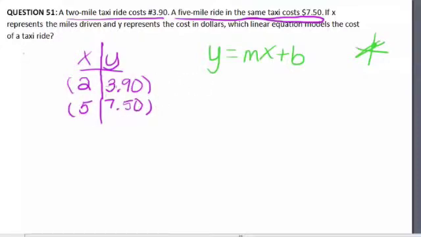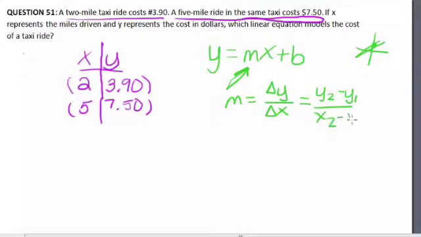Now, what can we solve for really easily with these 2 sets of points? You guessed it, slope. Some people like to think of it as delta y, or change in y, over delta x. Some people like to think of it as y2 minus y1 over x2 minus x1. However you write it, let's solve for slope.